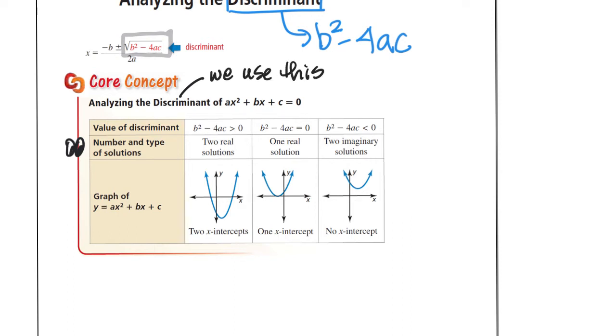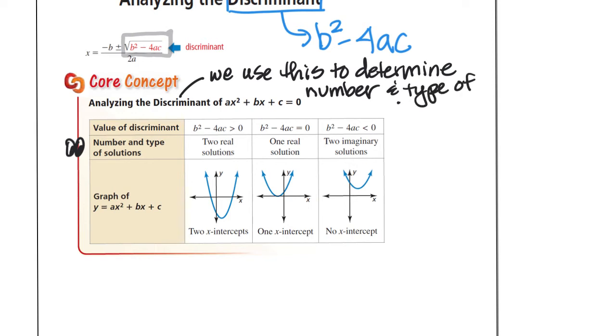When we are analyzing the discriminant, we are using that information to determine the number and type of solutions. So we use this to determine how many, or I'll just use the terminology they use here, number and type of solutions. And we have actually already talked about this a little bit, but I'll review it quickly.